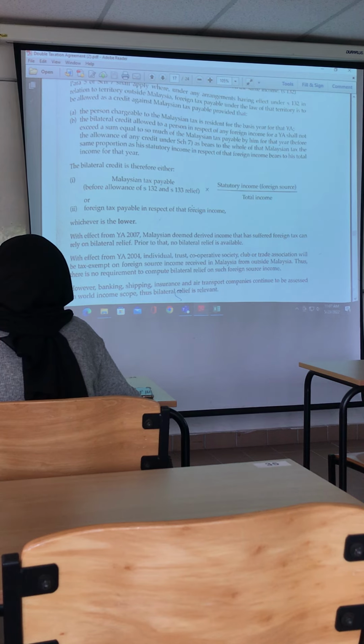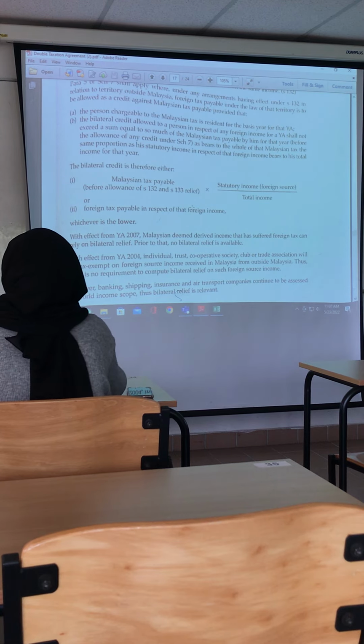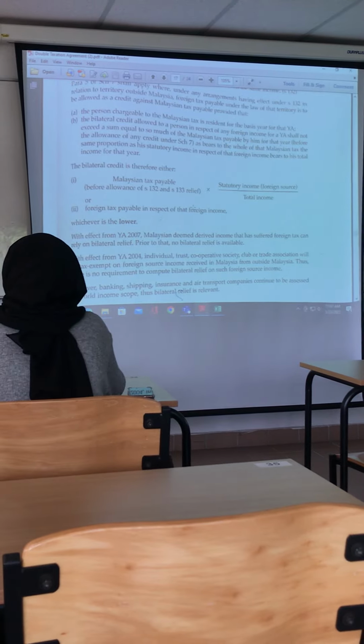Remember last time, you said your foreign income. Example, this foreign income, let's say 100,000. So what is your Malaysian tax on the foreign income? It has to be at 24%. So Malaysian tax is 24,000.